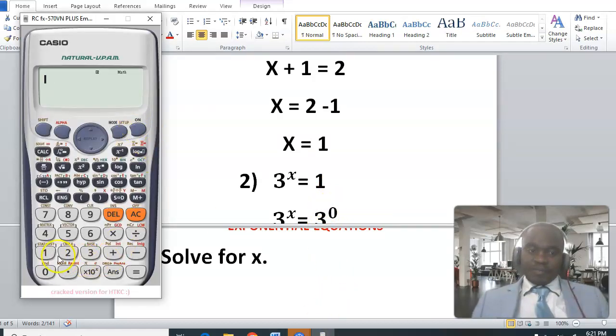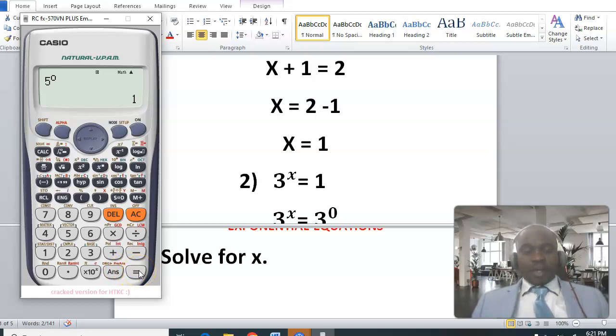Let's check. 1 to the power 0 is 1. 2 to the power 0 is also 1. 3 to the power 0 is also 1. 4 to the power 0 is 1. 5 to the power 0 is 1.